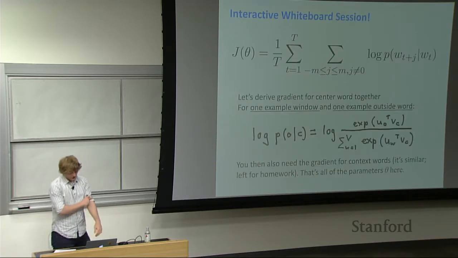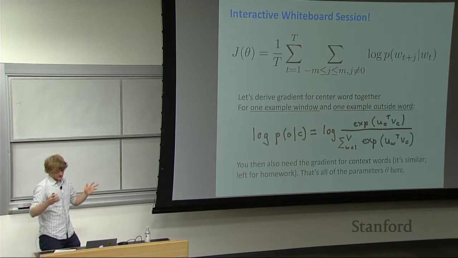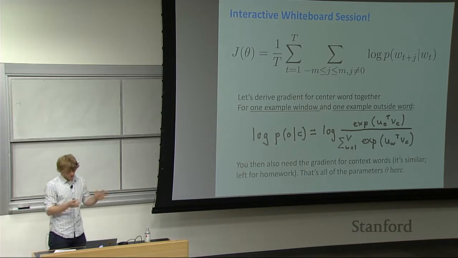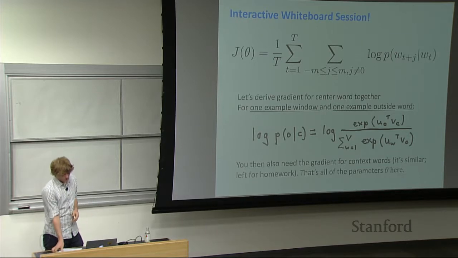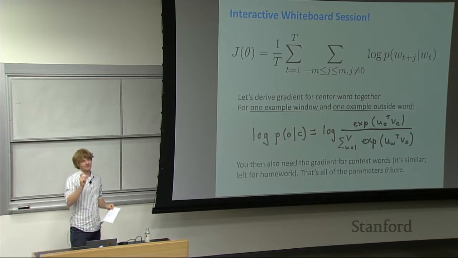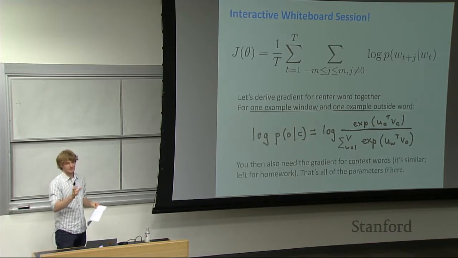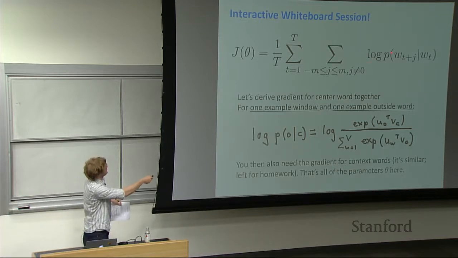All right, so now we're going to actually derive this full softmax probability and the log likelihood of this function. And we're going to do this for just a single window and a single outside word in that window. So we're not going to go through the entire corpus and keep around all these sums.